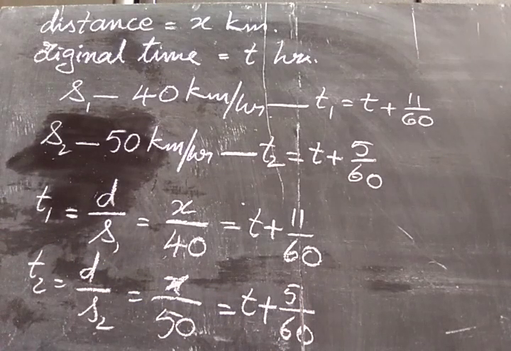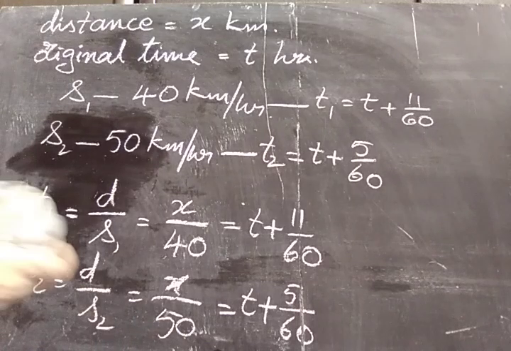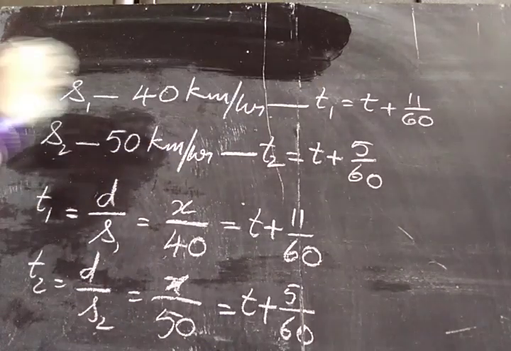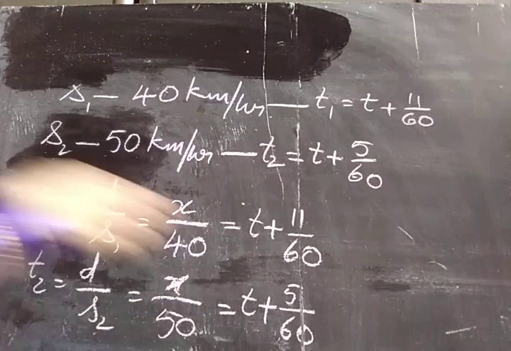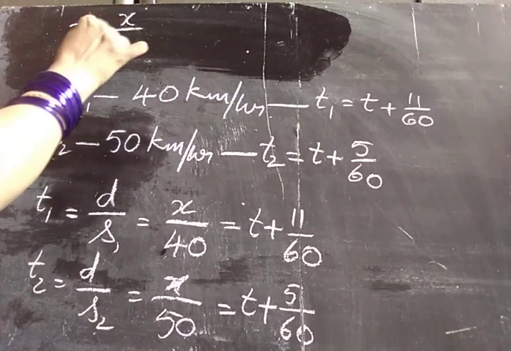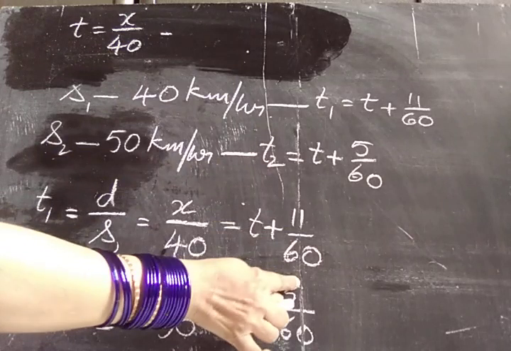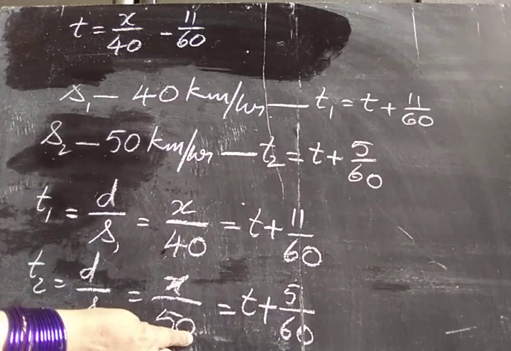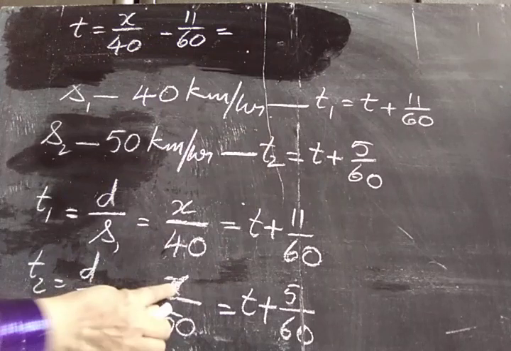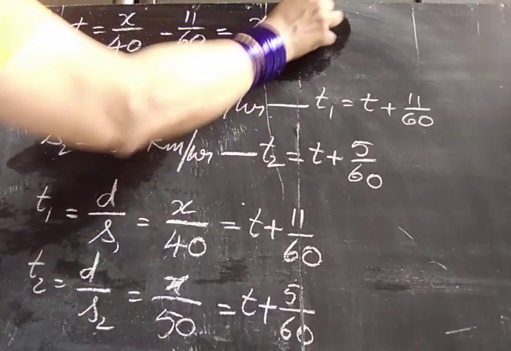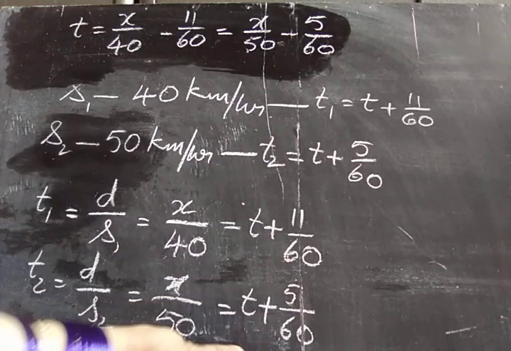Now, from these two, you have to find T. Original time T is common here. So, T is equal to X by 40 minus 11 by 60. And from here T is equal to X by 50 minus 5 by 60. Understood?